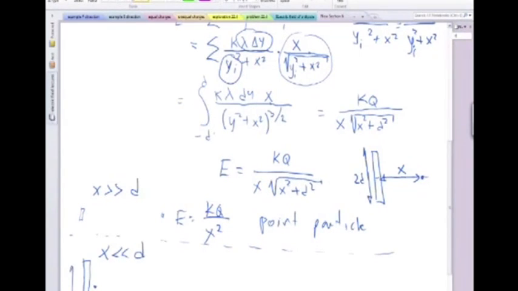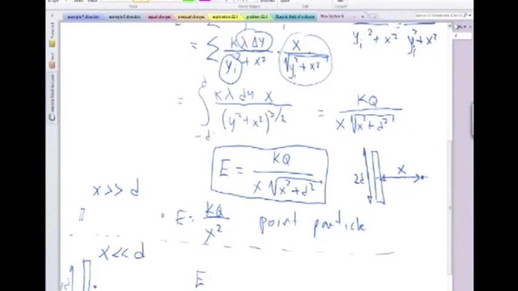So what does this equation turn into? So again, if x is much smaller than d, then you can ignore the x next to the d. The d is much bigger than it. So your expression would look like this.